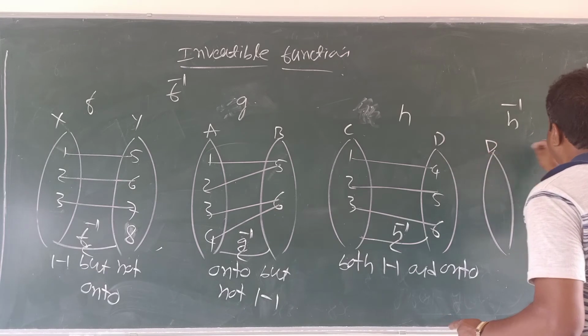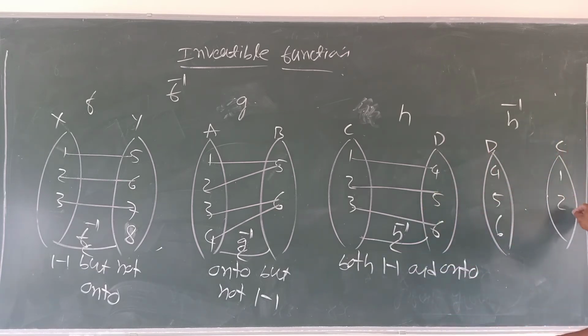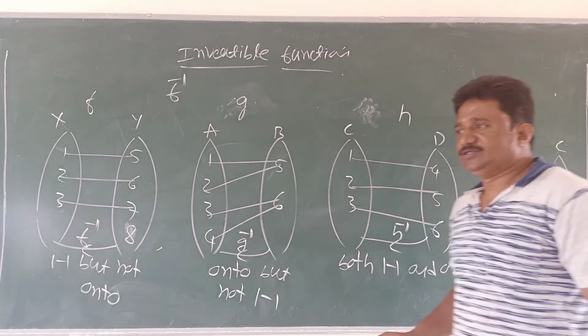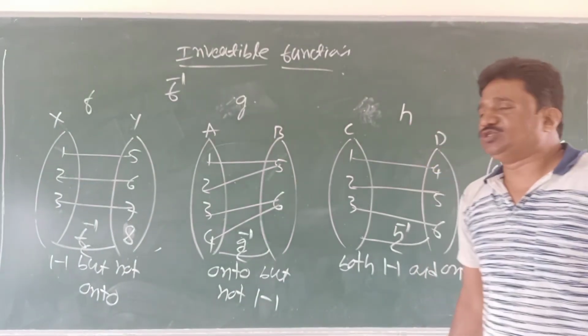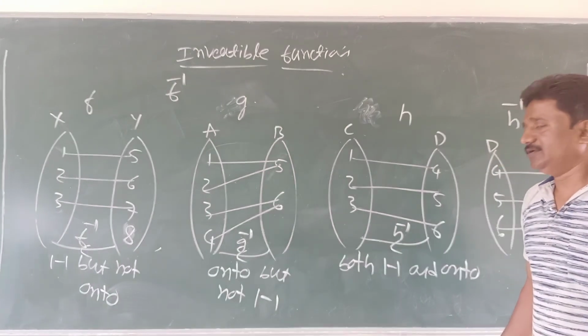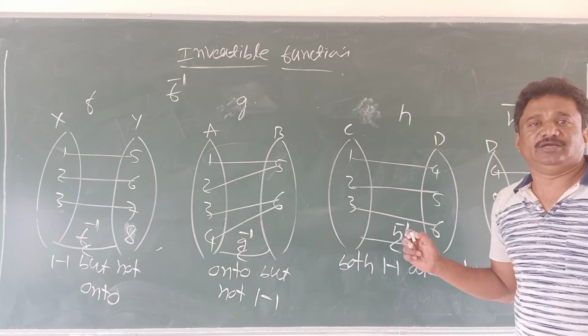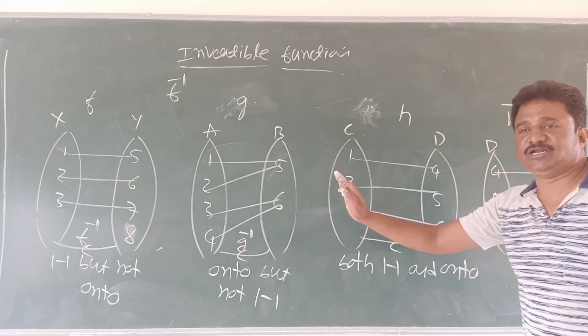Now tell me, H inverse is a function from D to C: 4 to 1, 5 to 2, 6 to 3. From this concept, it is so clear, students. Try to catch this point. To invert the function, inverse function means reverse function.